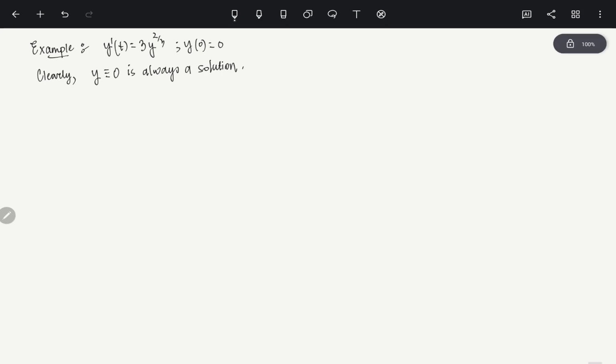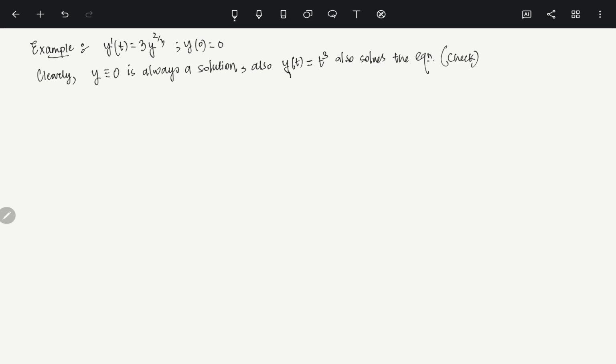Now you see also, let's call another function, y1(t) equals t cubed, also solves the equation. You can easily check this part, that y(t) equals t cubed also satisfies the equation.